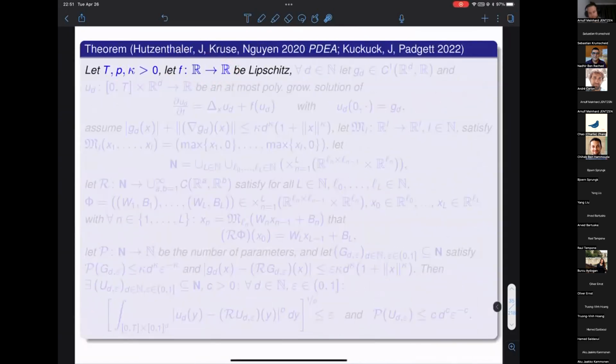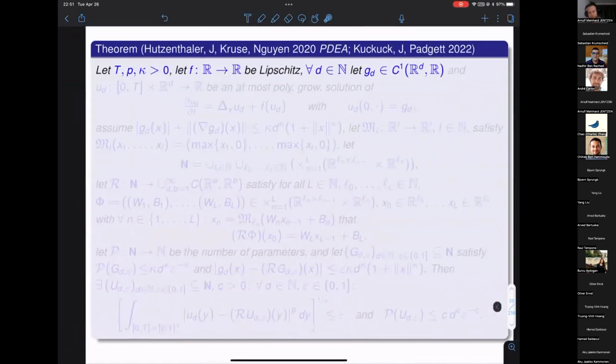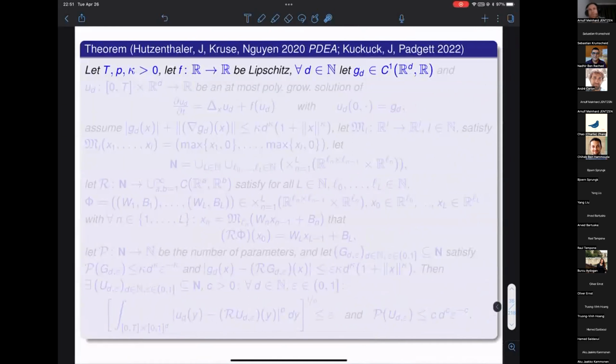So this function f here. And when we want to make a statement about the curse of dimensionality, about how the number of parameters of the network grows in the problem dimension, then we cannot just fix a 20-dimensional PDE and make a statement about this PDE. We need to consider a whole family, a whole sequence of PDEs.